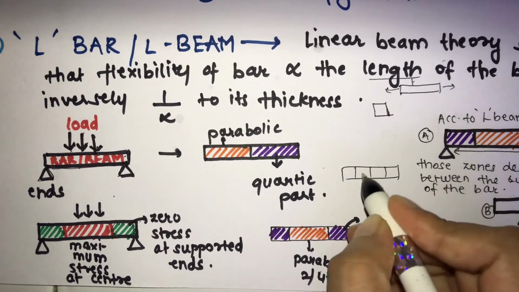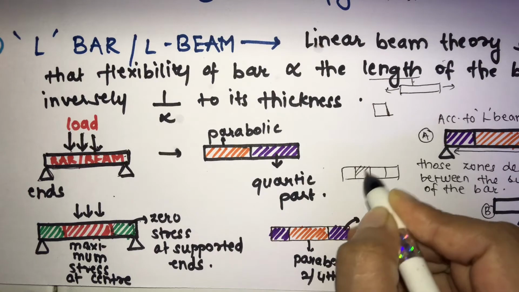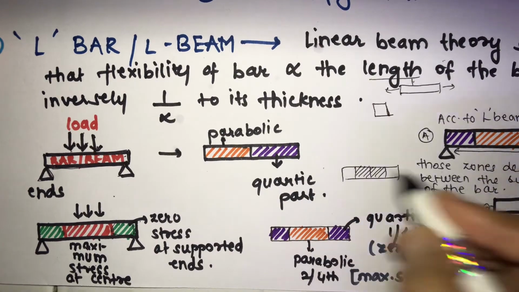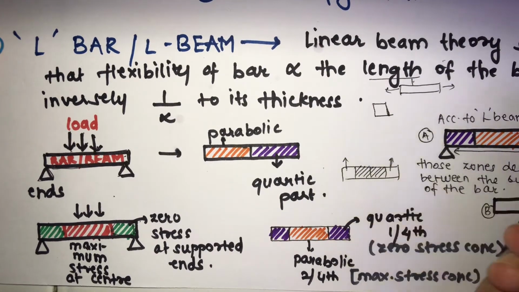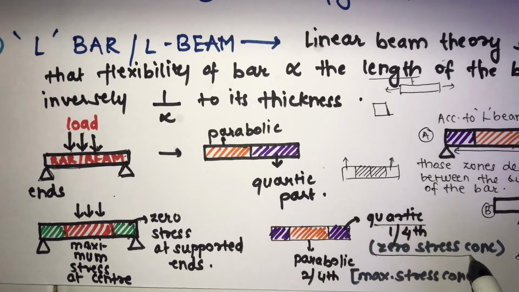The parabolic part forms the middle 2/4, and the quartic forms 1/4 on either side. The quartic forms the zero stress concentration side of the bar, and the parabolic is the maximum stress concentration. So the parabolic shows maximum stress, and the quartic shows zero stress concentration.